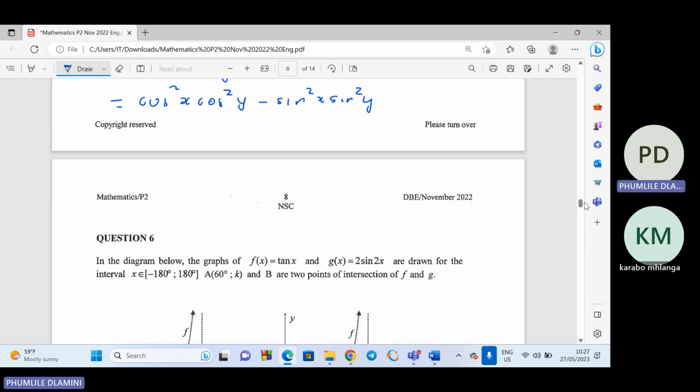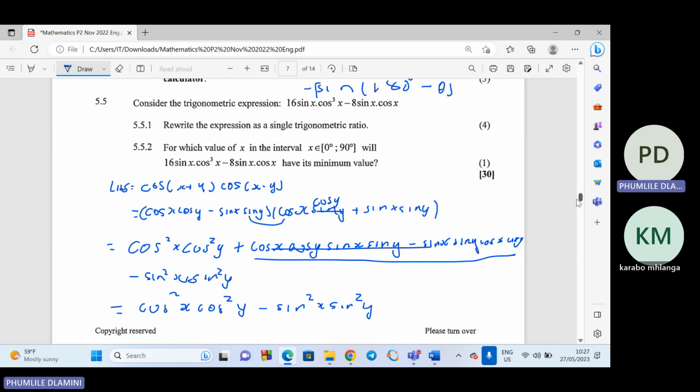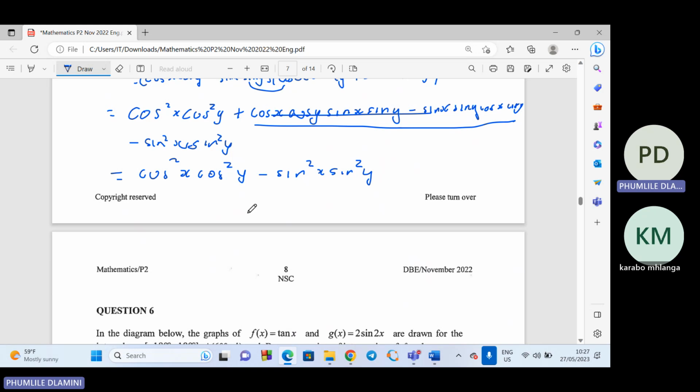So now you can see this answer is not closer to what we have just done. What can we do? Think about everything that you know. We know that our answer is in the form of sine. We know the identity, which I've already given to you, that cos squared x equals 1 minus sin squared x, which means we can change these two identities to be in the form of 1 minus sin squared x.